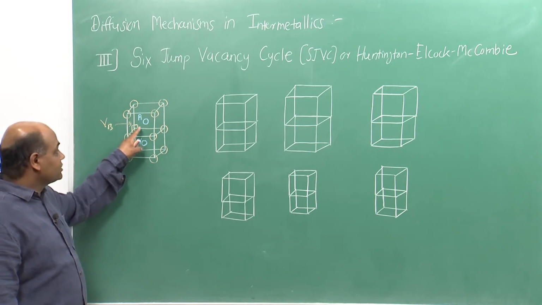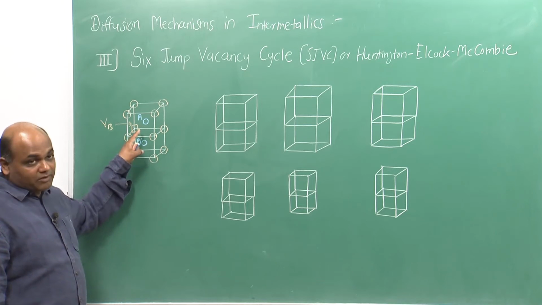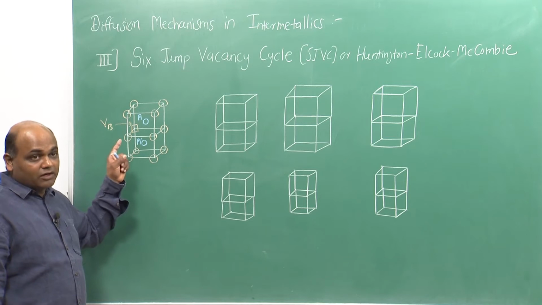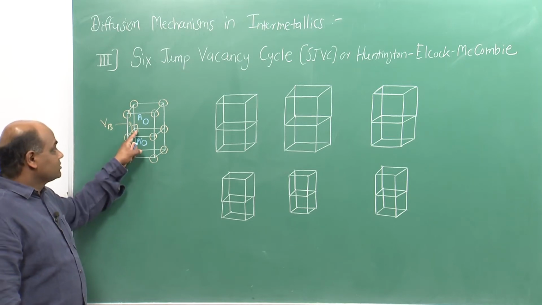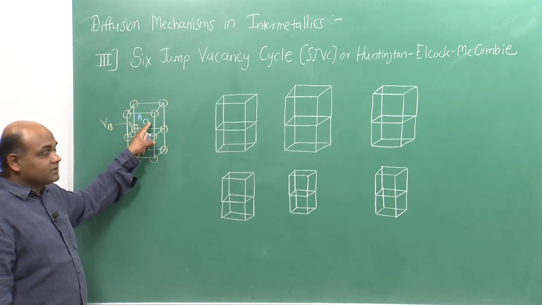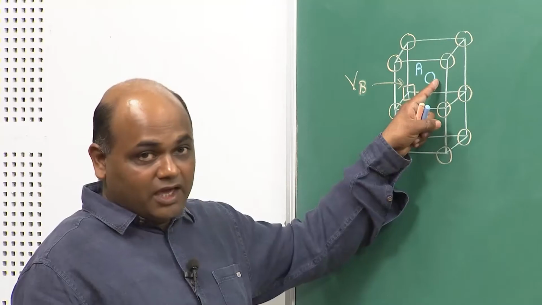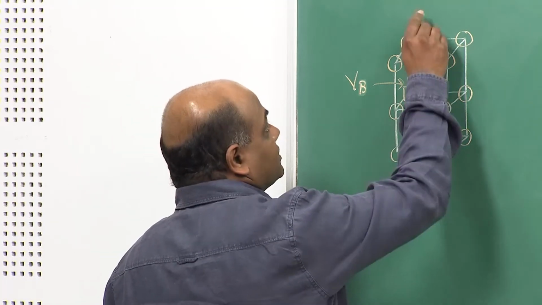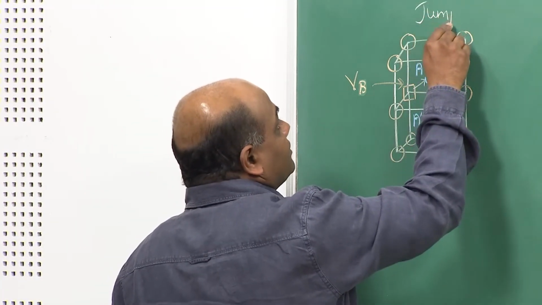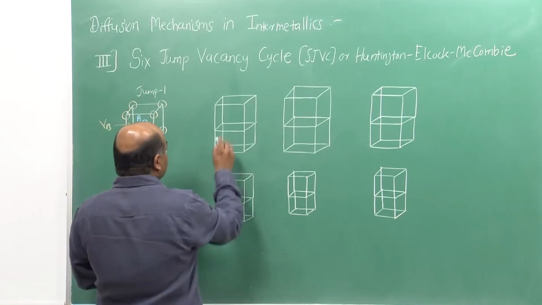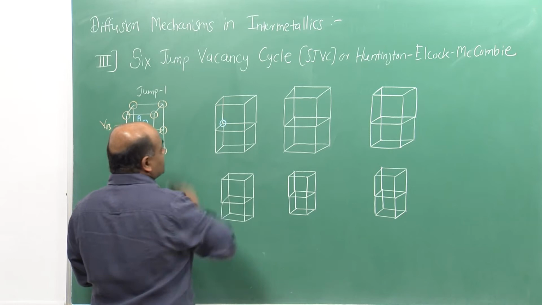In the sequence of the 6 jumps of the vacancy, all jumps are nearest neighbor jumps. So, the first jump of the vacancy can be on this site A. This is jump 1. After that A will occupy a B sublattice site.